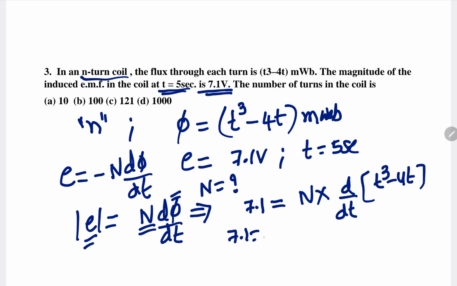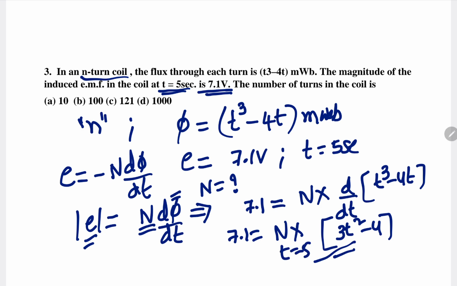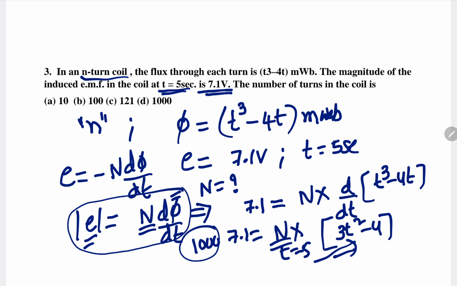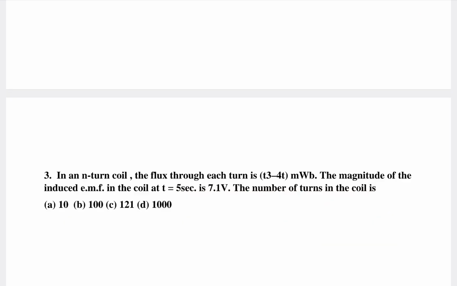So 7.1 is equal to n into d by dt of t cube minus 4t, that is 3t square minus 4, and just substitute t is equal to 5 seconds over here, then you will be able to calculate the n value. N value you will get around 1000. Just remember the formula, E is equal to n d phi by dt. 1000 is the answer. Thank you. We'll discuss the DC generator in the next session.